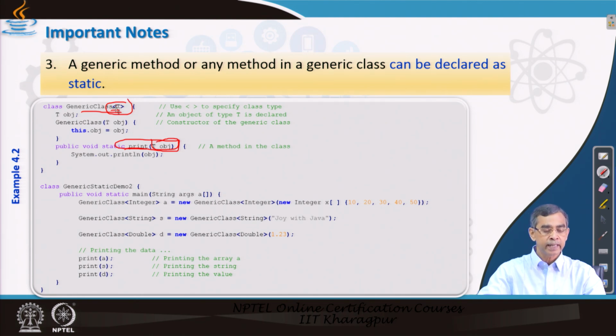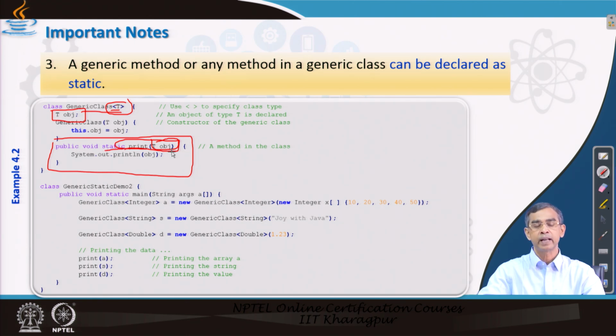It is a generic class, that means this class can hold any type of objects, and inside it a method which is again declared static, but it can be called for any types. Now, this is an example after declaring the generic class which includes a generic method, with a driver class to give a demonstration of this.